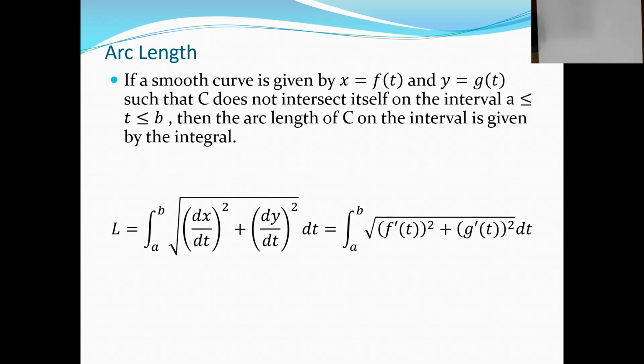We get a nicer result for parametric equations in defining arc length, because we get this nice definition: the integral from a to b of the square root of dx dt squared plus dy dt quantity squared dt. And that will give us our arc length formula.